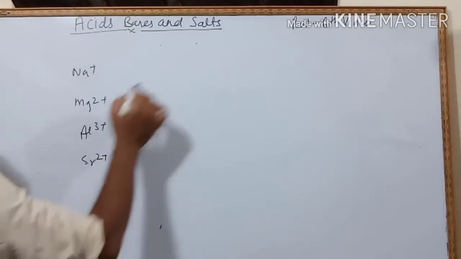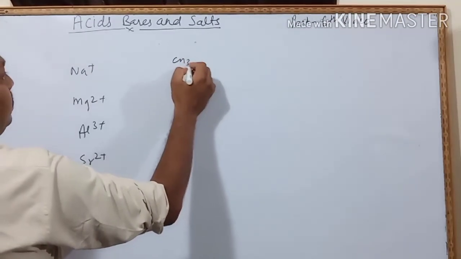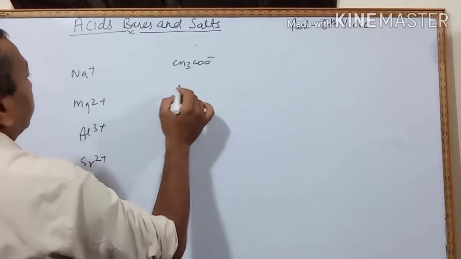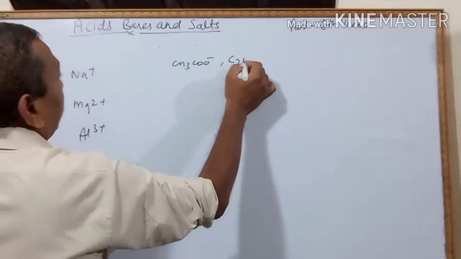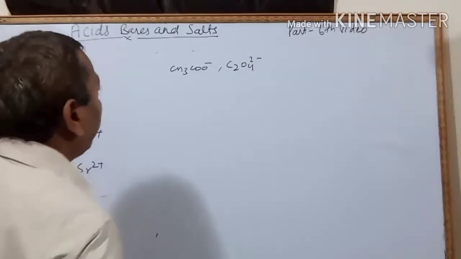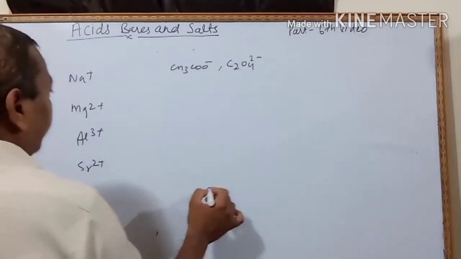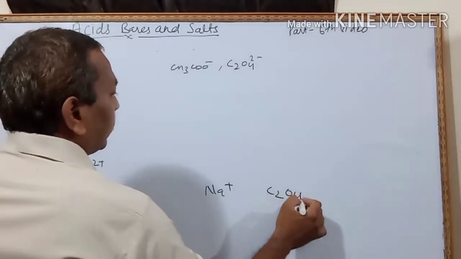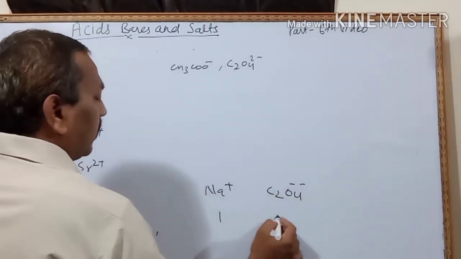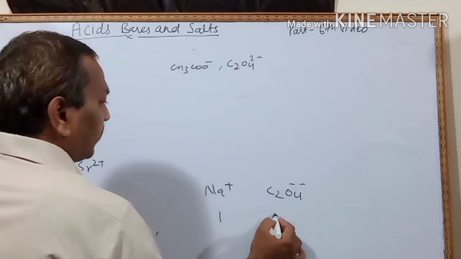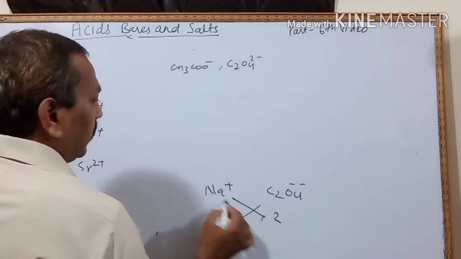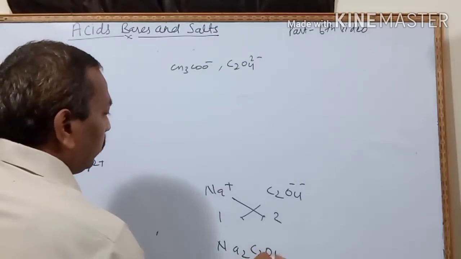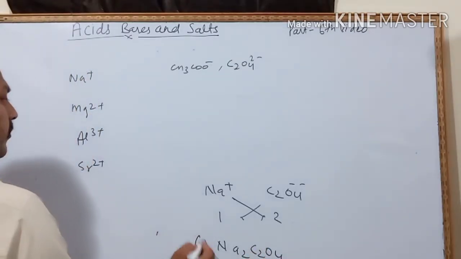For the anions, you will take up acetate anion or oxalate anion. See this: here is the sodium cation and the oxalate anion. For balancing, you can use the hit and trial method or the crisscross method. The formula will be Na2C2O4, sodium oxalate.